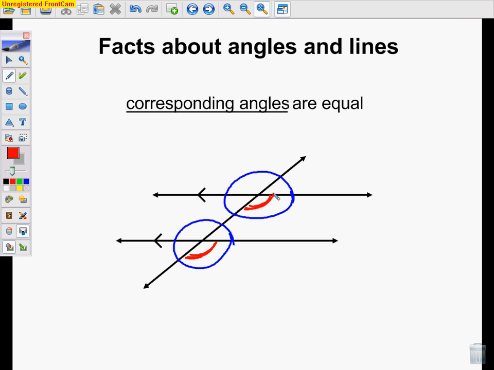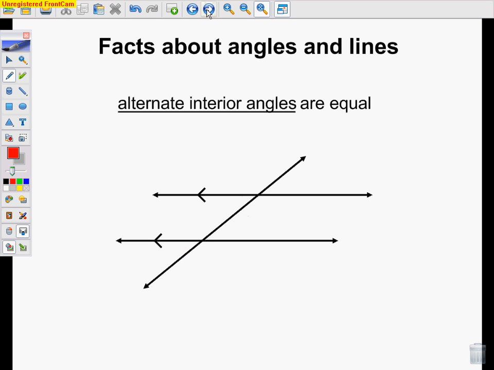So those are in the same position, so those would be equal measure. Okay? What other angles will be corresponding? How about this angle here and this angle here? Those would be corresponding, because those are both in the upper left. What about this angle and this angle? Those are both in the lower left of their regions. Okay, so those are corresponding angles.